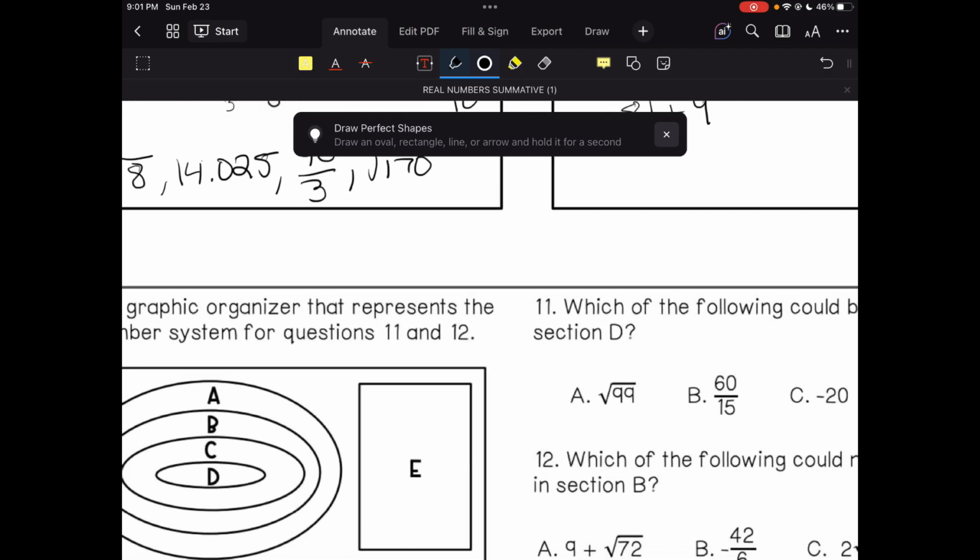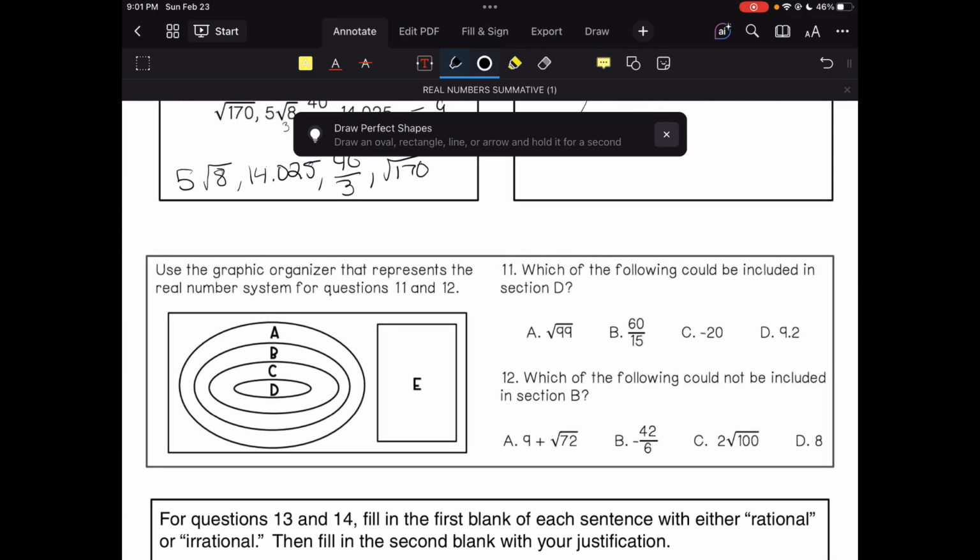Use the graphic organizer to answer questions 11 and 12. The first says, which of the following could be included in section D? Section D is your natural numbers. So that is your counting numbers, 1, 2, 3, 4, and so forth. So the square root of 99 would actually be in E. It's irrational.